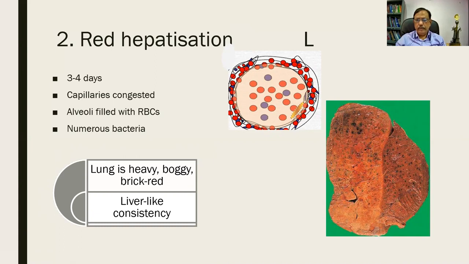This is a microscopic picture, and grossly you find that the lung is heavy, it is red in color, solid, liver-like in consistency. So the lung is heavy, boggy, and brick red. Alveoli are filled with bacteria as well as numerous RBCs. This is the stage of red hepatization. It is called hepatization because it is liver-like.